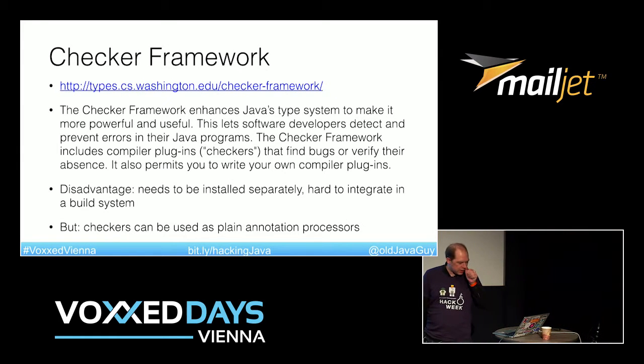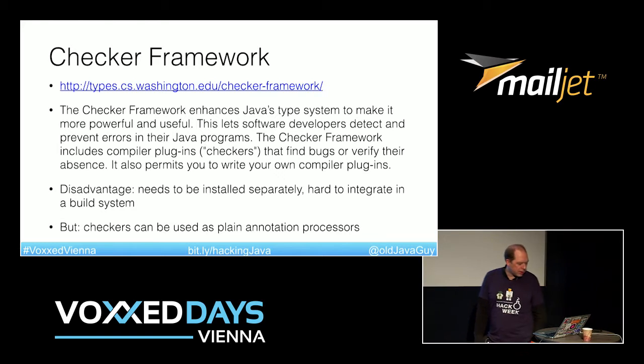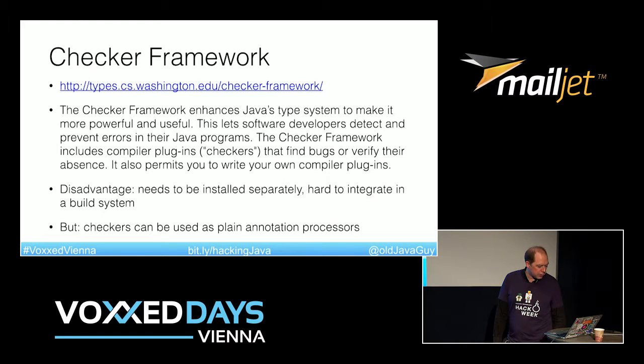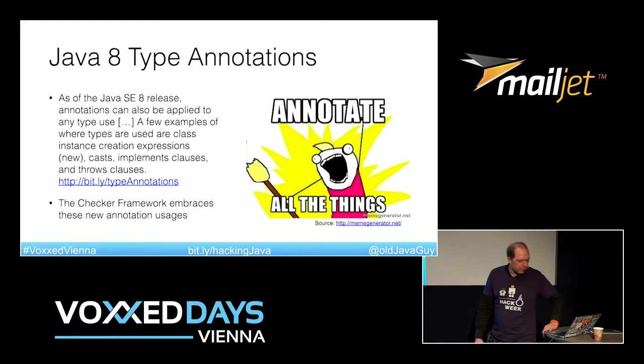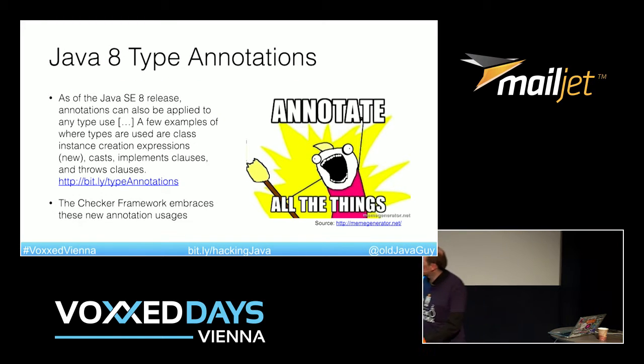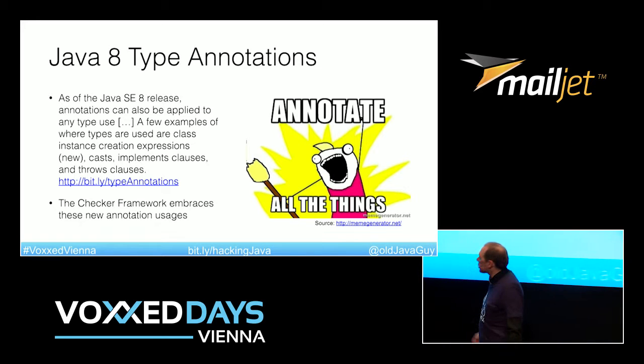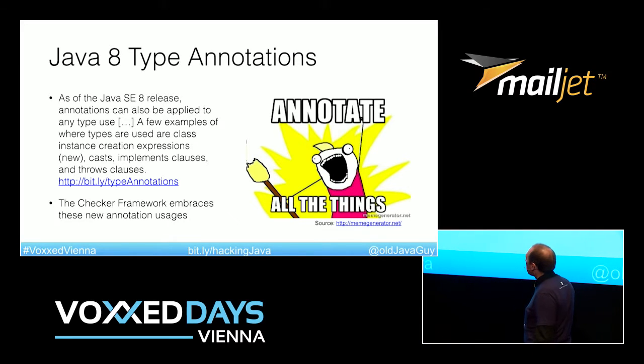Next part is the Checker Framework, a framework that embraces annotations. It's based on annotation processors, but I'm not sure if you know that, in Java 8, annotations have gotten a lot more flexible, so you can put annotations on many more different cases.